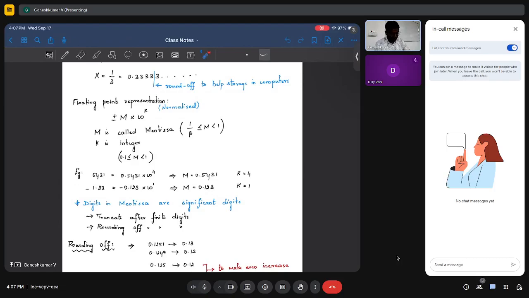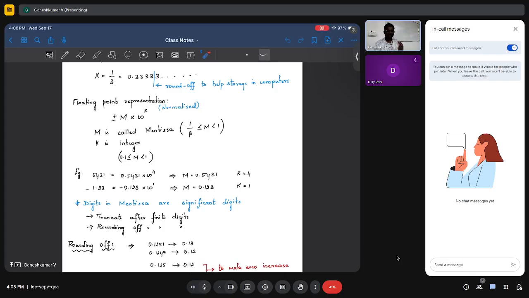The mantissa should satisfy 1 by beta less than or equal to m less than 1, which means in this case it should be between 0 and 1.